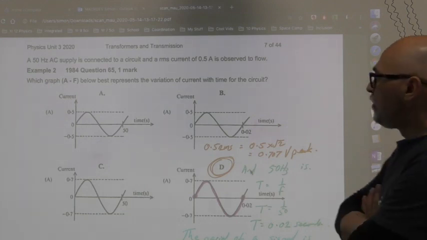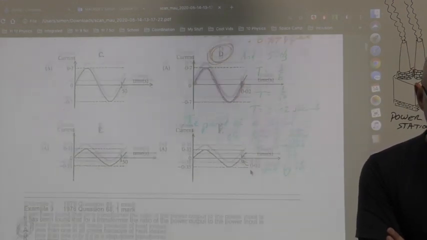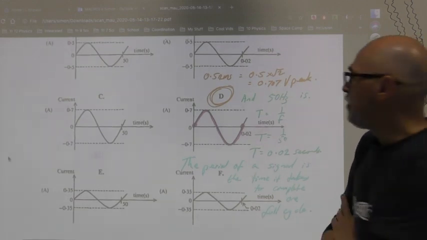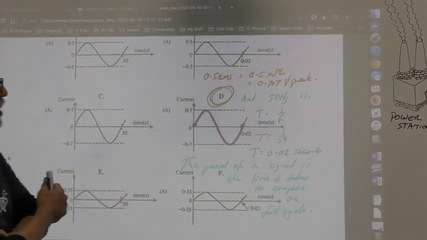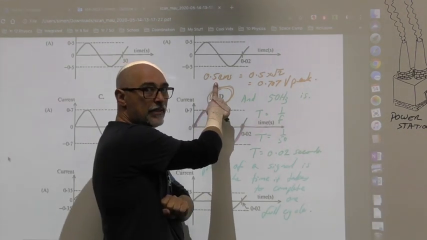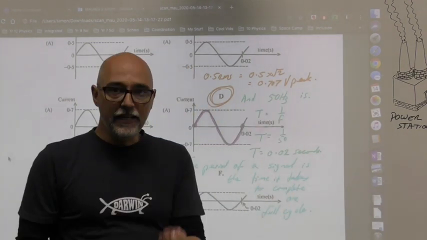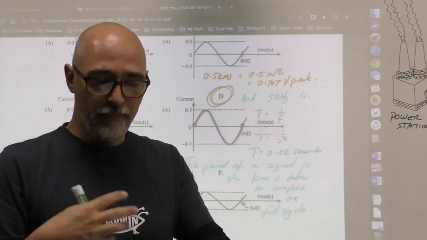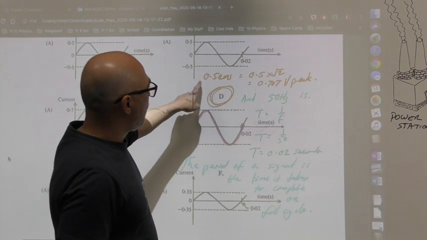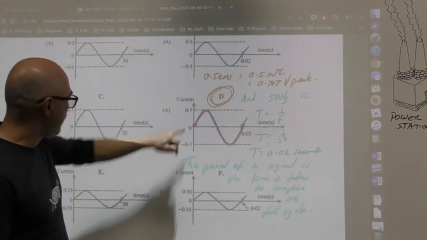Okay, now, the reason it's D in this case, you need to match up 2 things. You need to match up the current, and you can see that it's 0.5 RMS, which means you need to multiply by root 2 to get the peak current. Okay, so it works on both peak and voltage. Now, that gives you the 0.707, which is the correct value on the axis there.